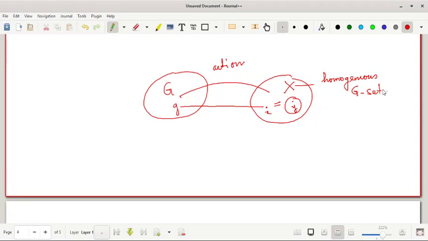But if the action is transitive, then X is called a homogeneous G set. Right? Okay. Now let us find out orbits and stabilizers of some points with respect to some action. Then the things will be much clearer for us. Okay, let us see.